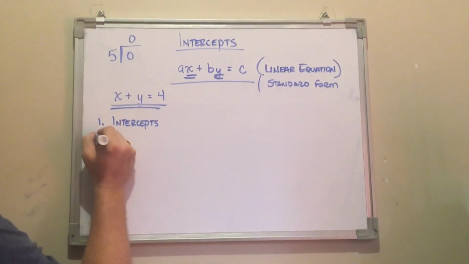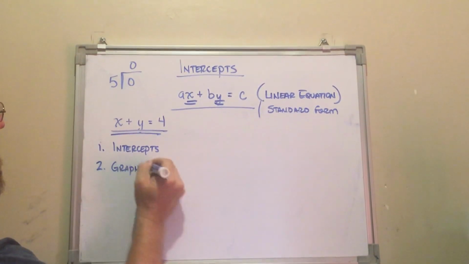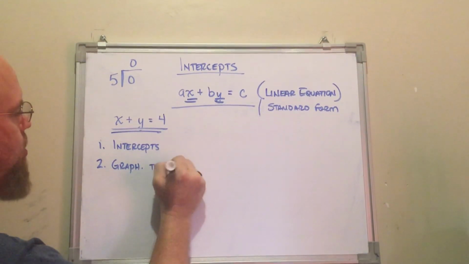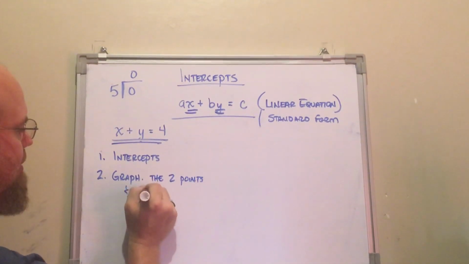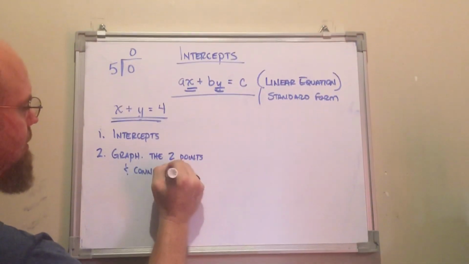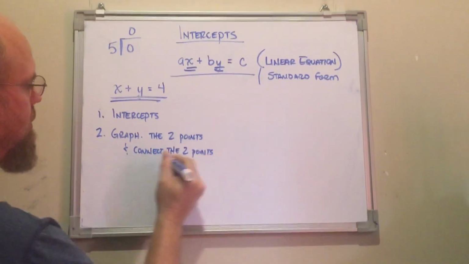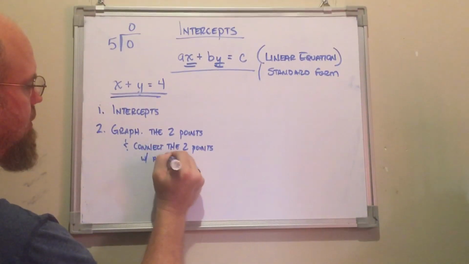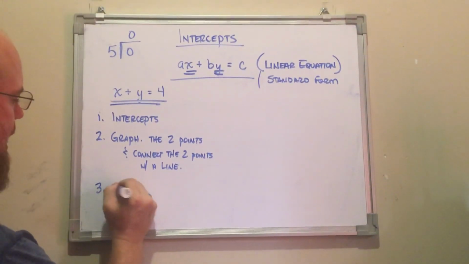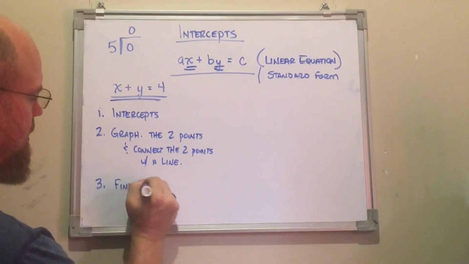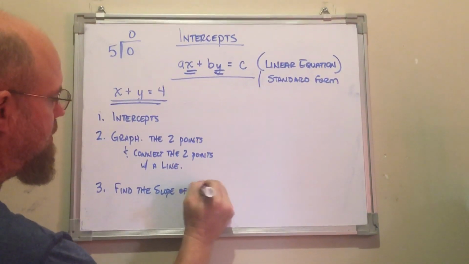Number two, I want you to graph the 2 points and connect the 2 points with a line. And then number 3, I want you to find the slope of the line.